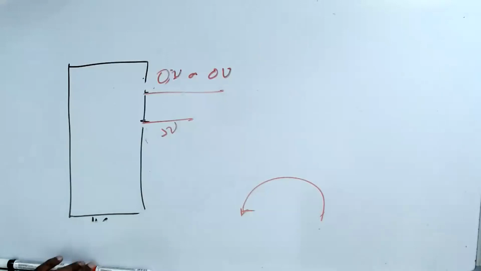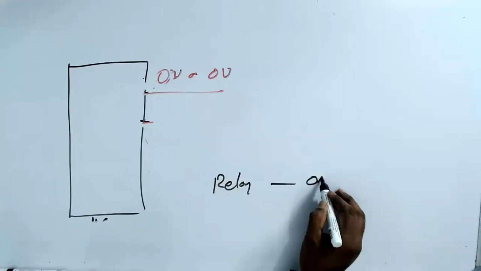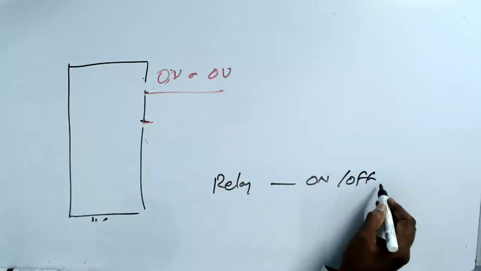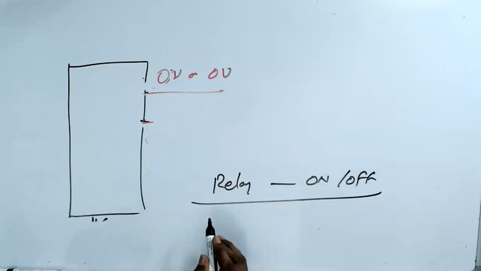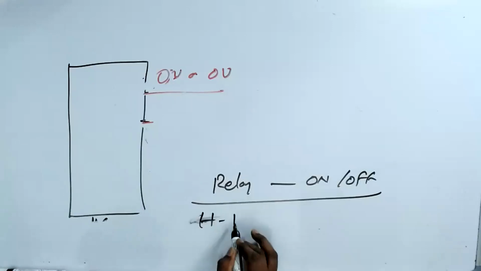That is what the technique we need to follow. So normally with the relay, I can make on or off, no problem. With the help of multiple relays or H bridge, we can change the direction.